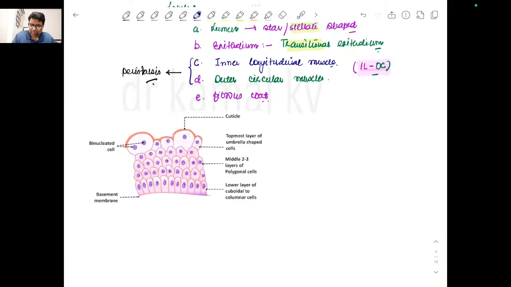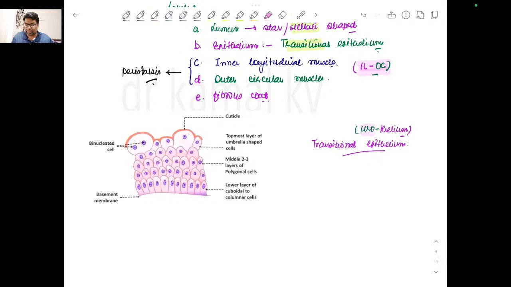But here you will have impression of either columnar or cuboidal, and you will also have impression of squamous variety. So that is very characteristic here. So if we take few words about transitional epithelium, which is also known as urothelium. Okay, so this is also known as urothelium because it is lining the urinary tract.